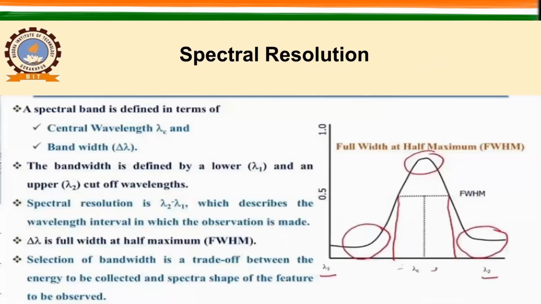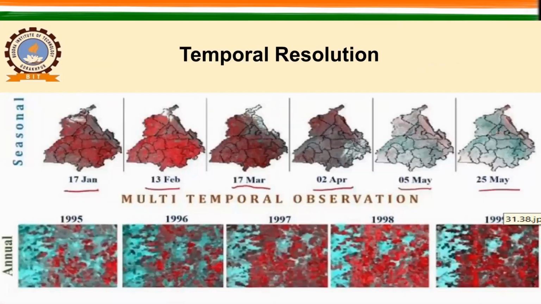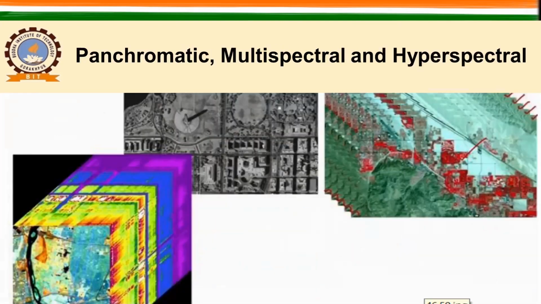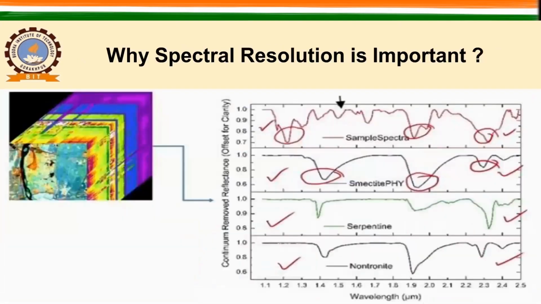So this was basically about the different resolutions, starting from the temporal resolution, spectral resolution, and then panchromatic, multispectral, and hyperspectral. Now, the very important question is why spectral resolution is important.